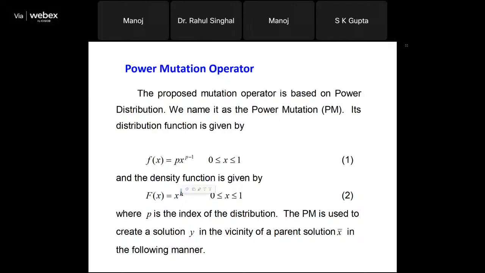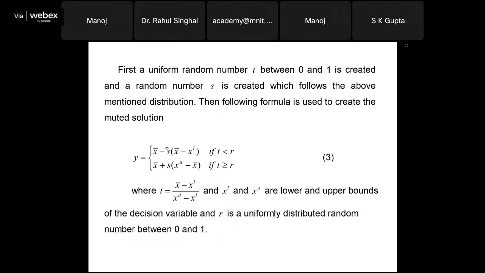So this has only one tunable parameter P, right? So how is it defined? Given current solution x bar, we try to find a number S which follows the power distribution.